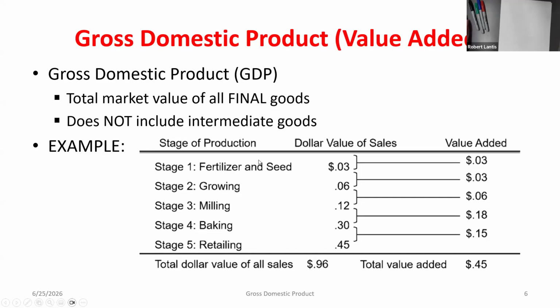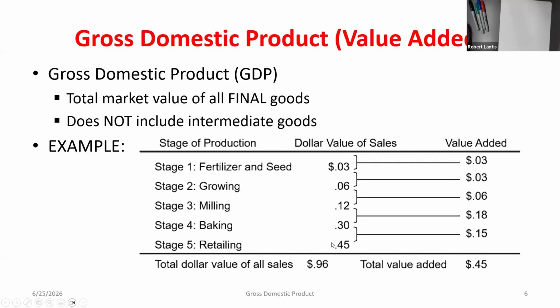Well, if we were to add up how much money was spent from the sale of fertilizer and seed, how much money was spent to grow it, mill it, bake it, and then finally what it was sold to the consumer as, we'd have a total dollar value of 0.96. Now, the problem is we said we don't include those intermediate goods once we have the final product being sold.